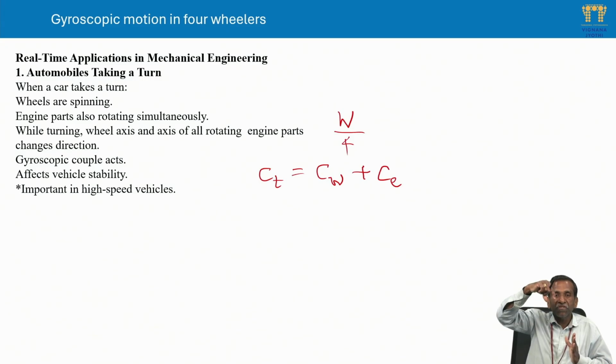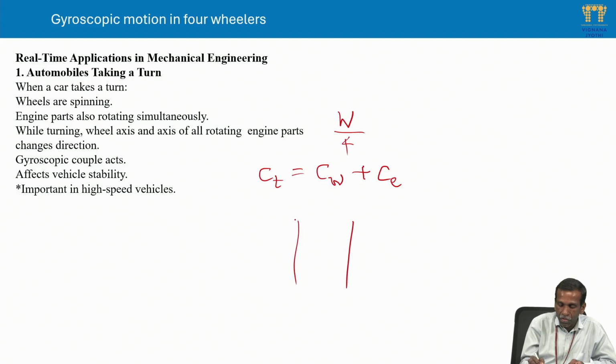Because we have given precession about the z axis and spinning is about the x axis, the automobile is going to rotate about the third axis, the y axis. So if you consider all four wheels of the automobile, this is wheel 1, wheel 2, wheel 3, wheel 4. Let us say the automobile is going to take a left turn. Then the wheels are spinning. If you observe from the wheels near the turning side, let us say the wheels are spinning in the clockwise direction.